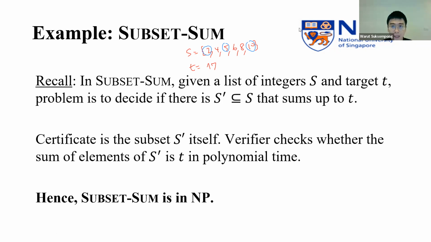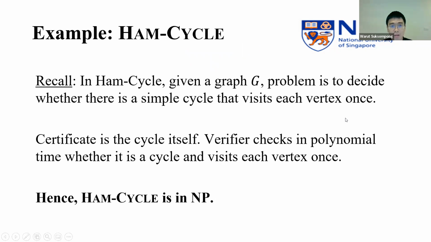Okay, another example, Hamiltonian cycle. You're given a graph, and the problem is to decide whether there's a simple cycle, which is a cycle that doesn't repeat a vertex or edge, and you want it to visit every vertex in the graph exactly once.